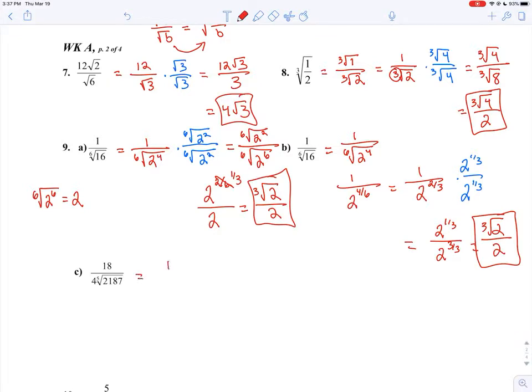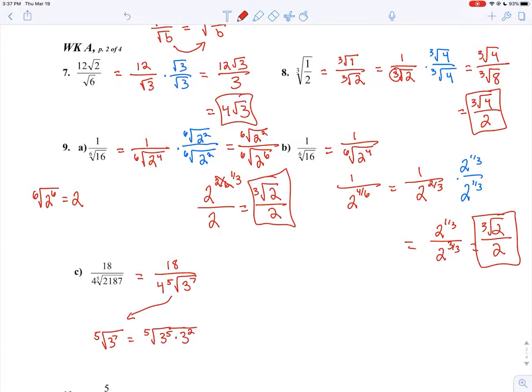So if we simplify this, we've got 18 divided by 4 times the 5th root of 3 to the 7th power. Let's say on the side, if we have the 5th root of 3 to the 7th, I could rewrite that as the 5th root of 3 to the 5th times 3 squared.